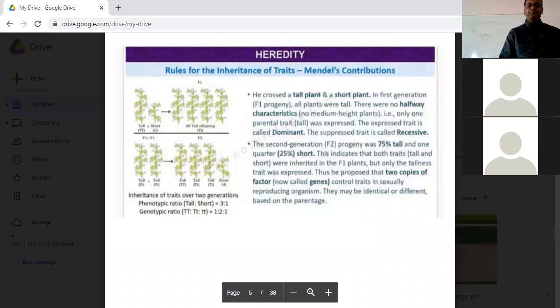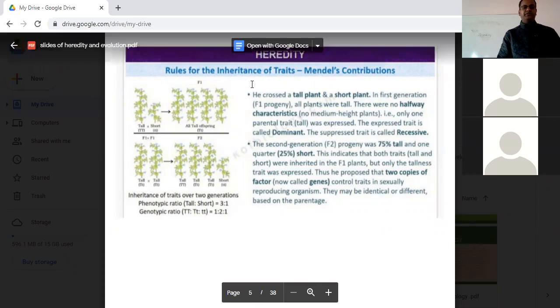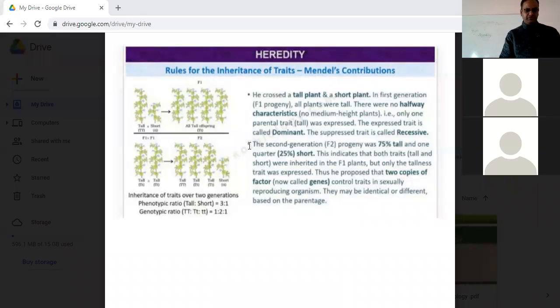They may be identical or different based on the parentage. So students, after this monohybrid cross, which law did Mendel formulate? Can you tell me?